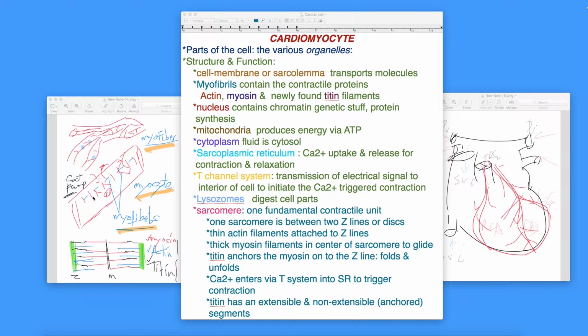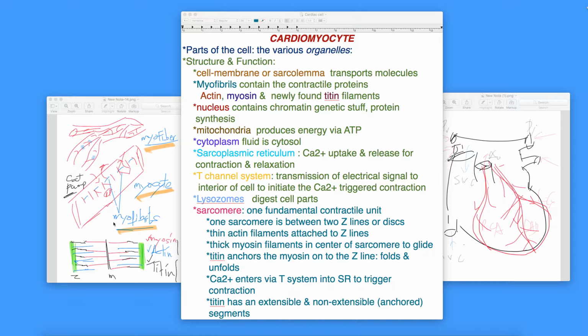Within the myocyte, what makes it contract are these proteins, and these proteins are called myofibrils. Now, these myofibrils are again microscopic. Now we're getting electron microscopic here. So when you go inside the cell, what you've seen is a nucleus and all these organelles we just talked about. That's on light microscopy.